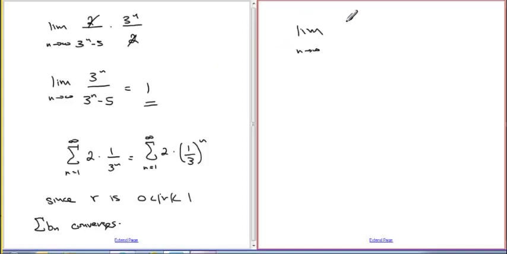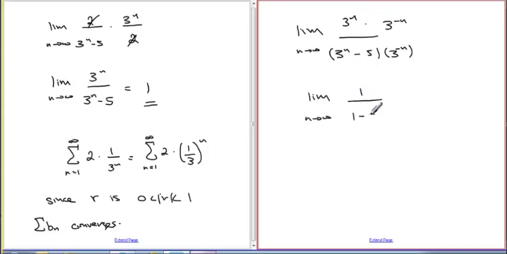If you take this and multiply both the numerator and the denominator by 3 to the minus n power, that limit becomes 3 to the 0 power, which is 1, divided by 1 minus 5 times 3 to the minus n power.